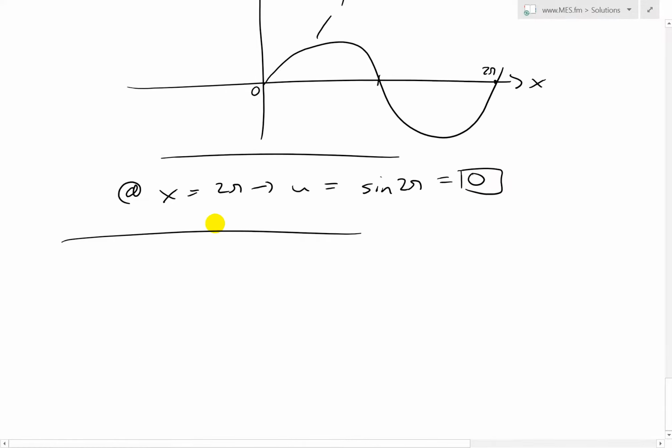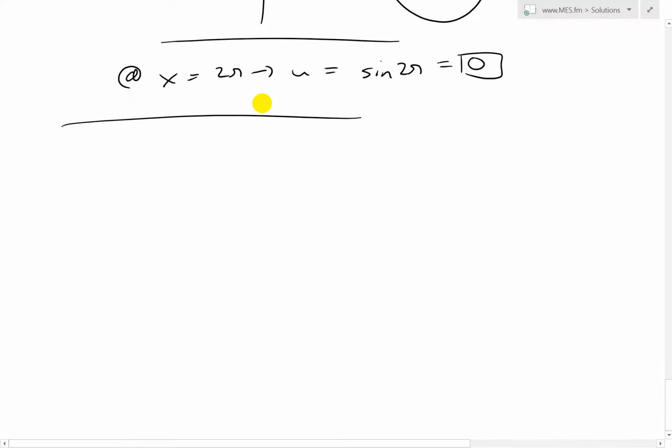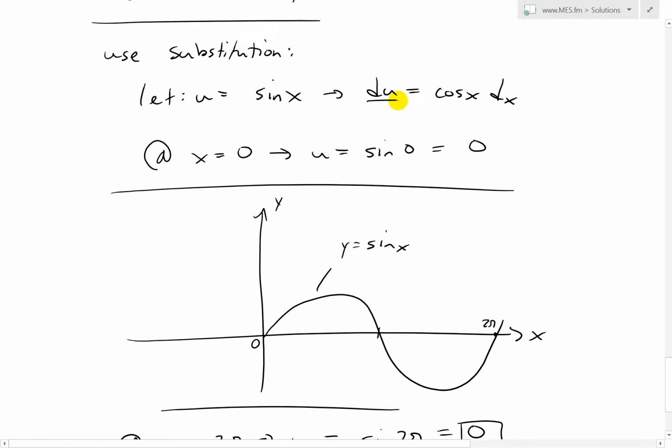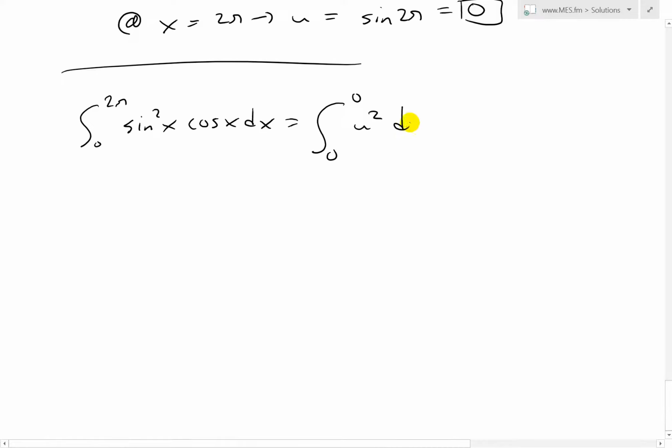So what we get is the integral from 0 to 2 pi of sine squared x cos x dx is equal to, when you change the variables, the integral from 0 to 0 of u squared du, which is just 0.